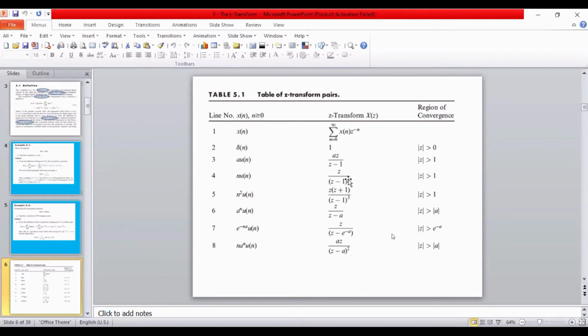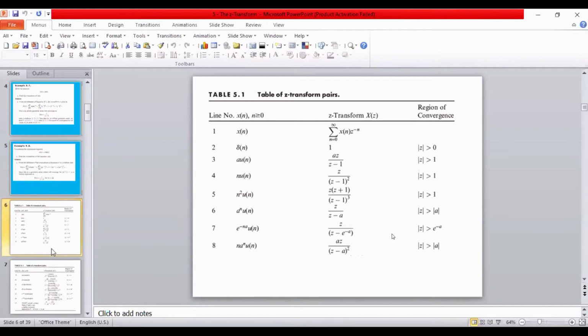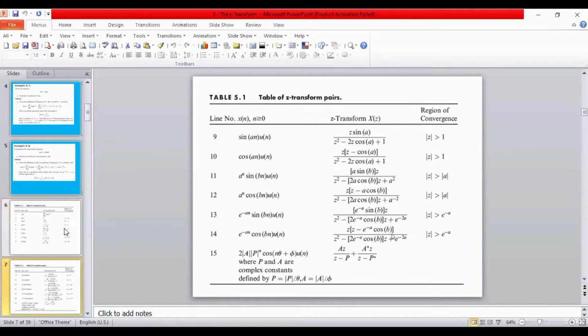For instance, if you find that you have a term like this, you will know that its inverse Z transform will be this term here. Okay, so we will see examples shortly, jumping to this table and referring to it many times. And this table is split into two parts because I couldn't fit them all on one slide, because otherwise the font would be too small.